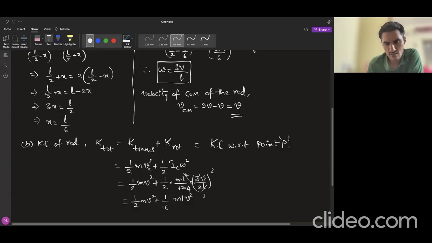Again L also gets cancelled because it is L square. In the denominator, 4 into 16, 16 into 2 is 32. We get 32 in the denominator because of 3v by L whole square.